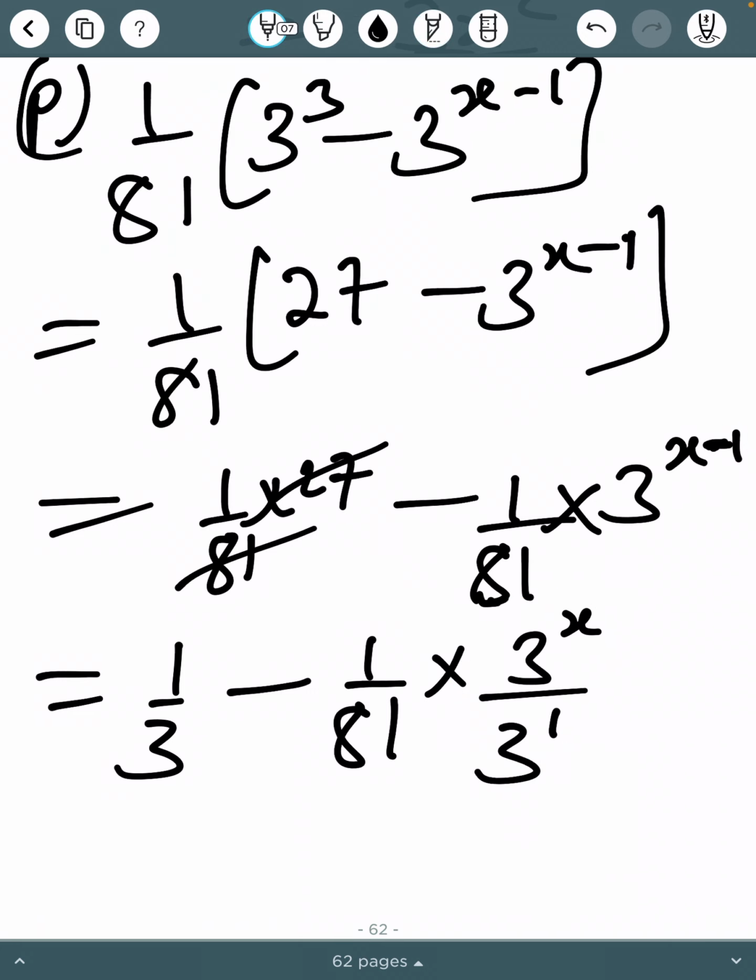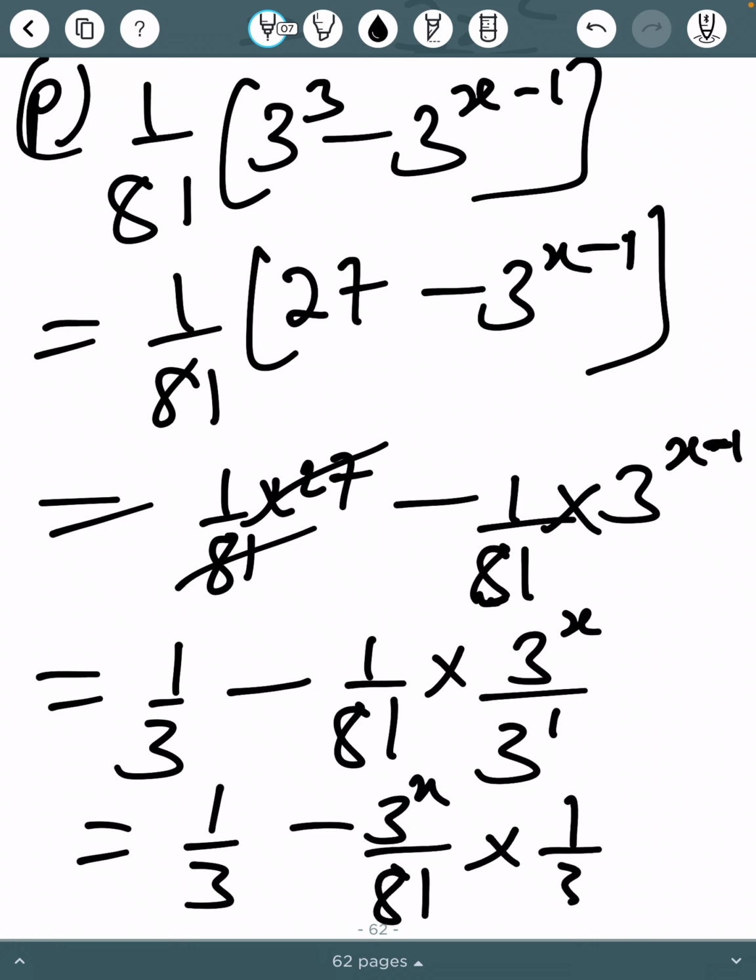So what does that lead to? That's 1 over 3 minus 3 raised to power x over 81 times 1 over 3. I'm trying to bring out a 1 over 3 from here.